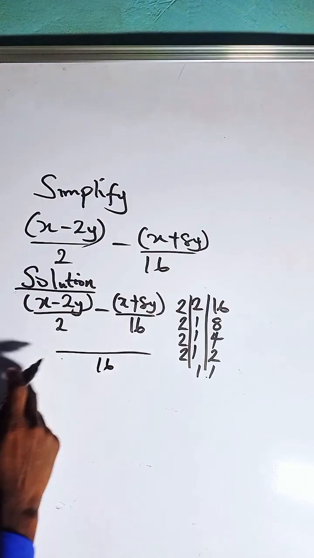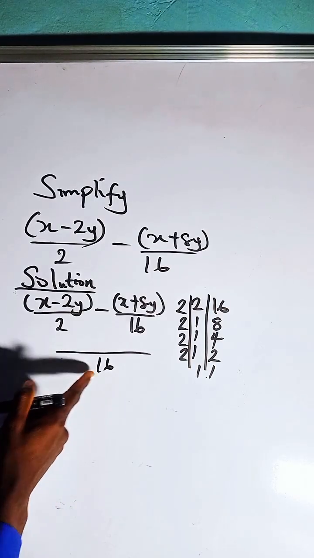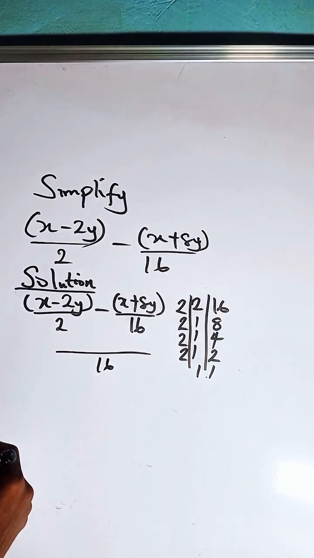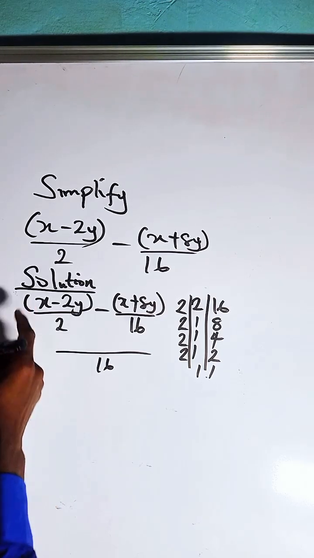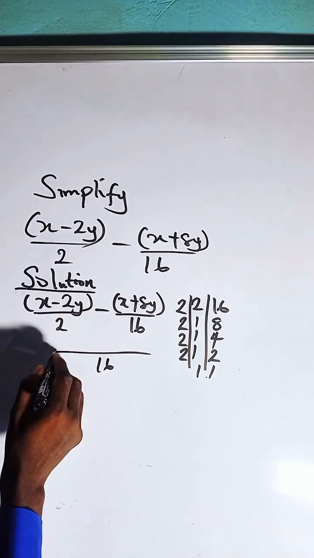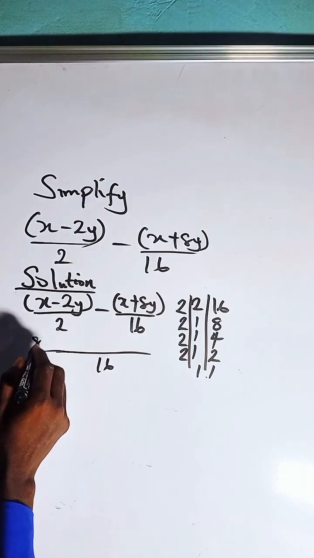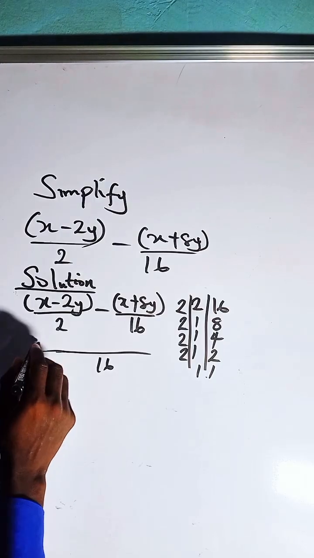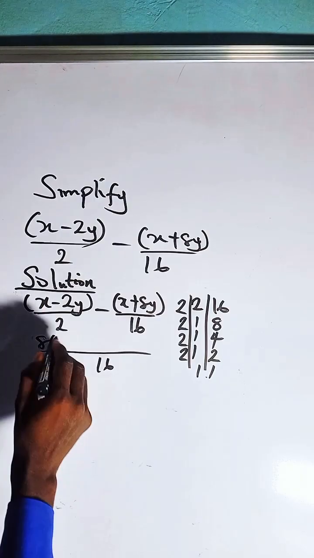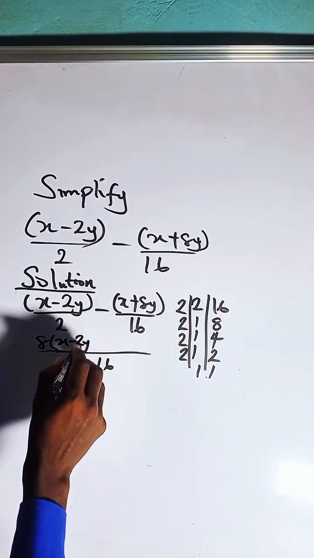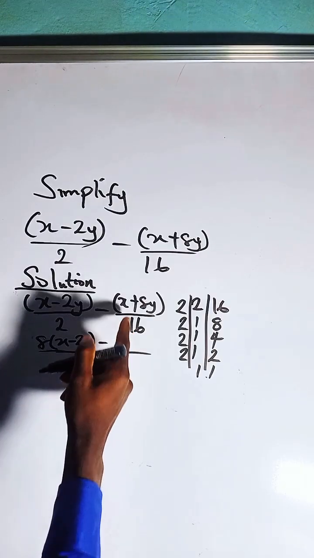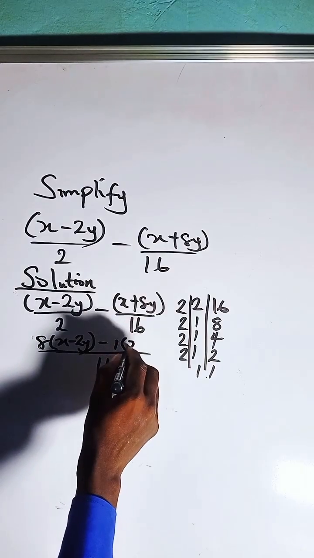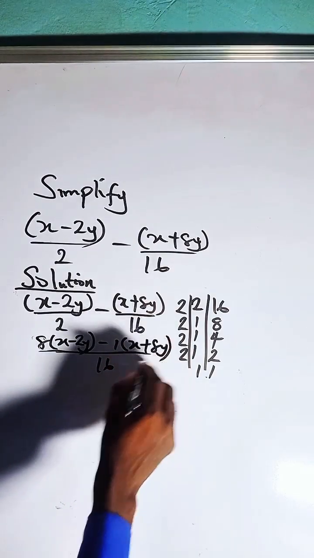The next thing we do is divide. When we divide 16 by 2, we get 8, and we use this to multiply what we have here: 8 times x minus 2y, minus, and when we divide 16 by 16, we get 1, and we multiply with x plus 8y.